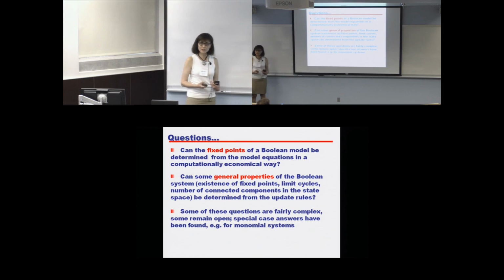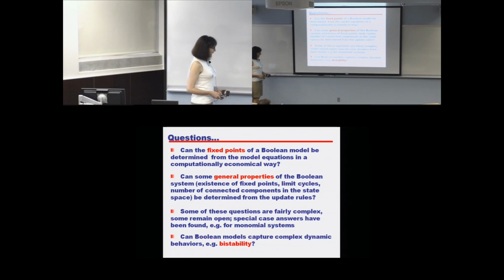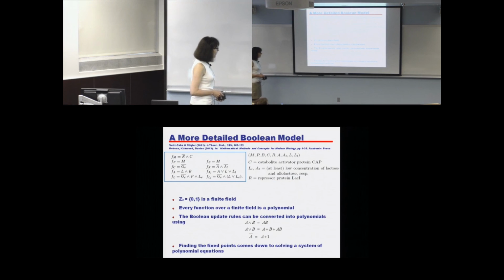Some of those questions are answered for special kinds of systems. It's the same thing as we do in differential equations, where we say, okay, let's do it for this special class of functions. And another interesting question is, can we use those Boolean models to exhibit bistability, which is a property in biology that is of significance.